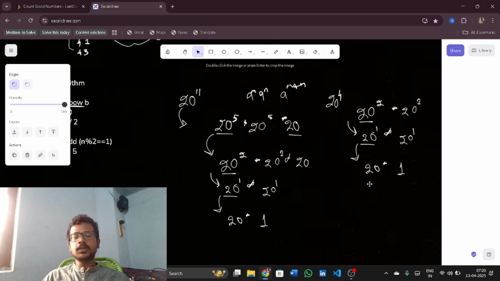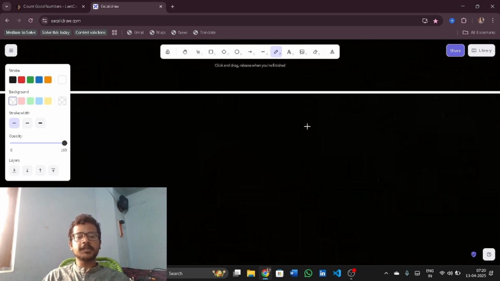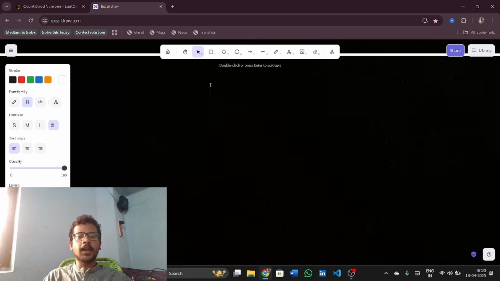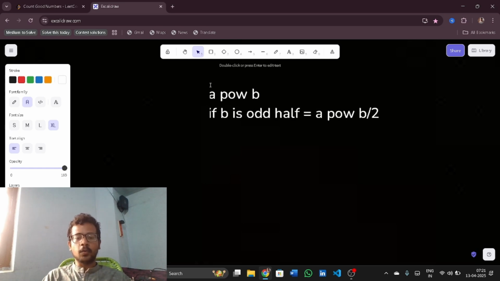That's it. Now the question is, if 11 is odd, we are computing 20 power half into 20 power half into 20. So for a power b, if b is odd, then we need something like half is a power b by 2.